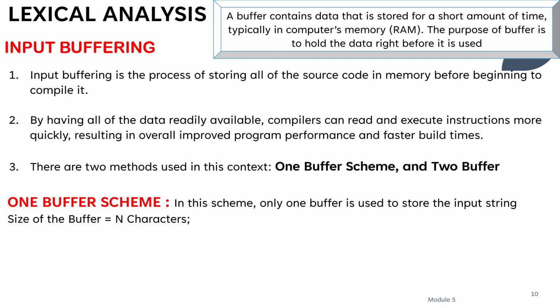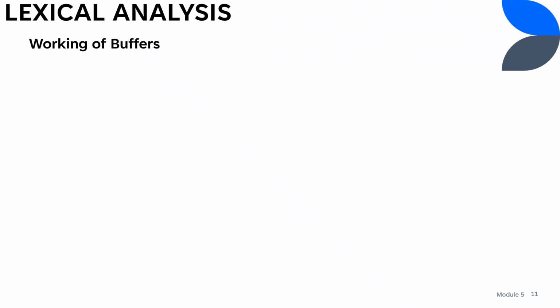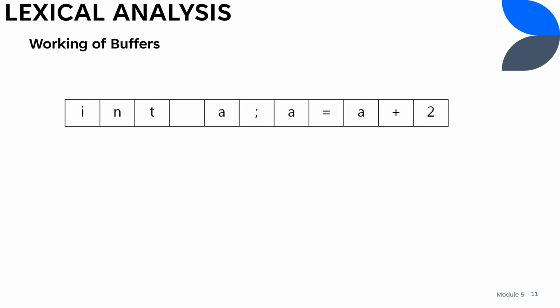What is the one buffer scheme? In this scheme, only one buffer is used to store the input string. The size of the buffer is usually equal to n characters, where n is the number of characters in one disk block. What is the working of the one buffer system? Consider that this is my source program. Before the compilation process starts, the characters are stored in the buffer.